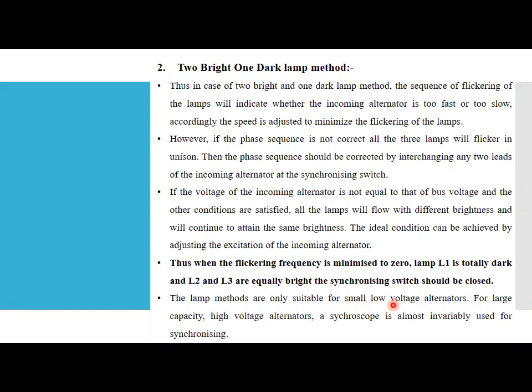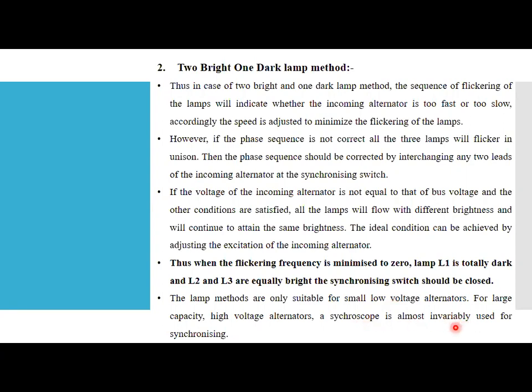The bus bar voltage is around 11 kV and my alternator voltage is also 11 kV, and if there is a voltage difference of 2000 volts, my lamp will be blown. So this method is only used for small and low voltage alternators. If you want to synchronize high voltage alternators, then we use the synchroscope.